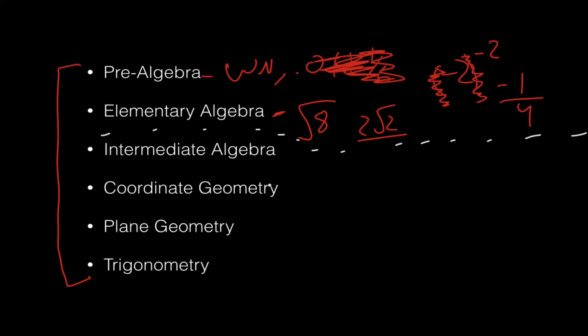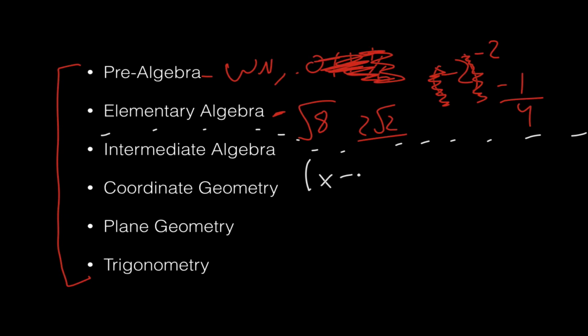Now, going to the intermediate algebra section, we have things that are a little more difficult, but not too difficult that you can't manage it. It's very easy to learn these types of questions, and the intermediate algebra problems contain absolute value problems, rational and radical expressions, and things like that. They're not too hard.